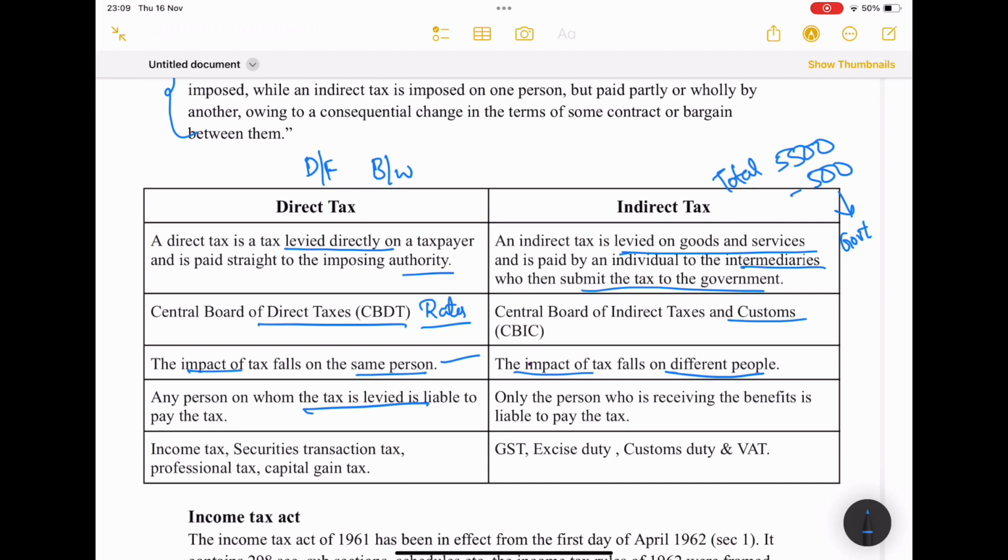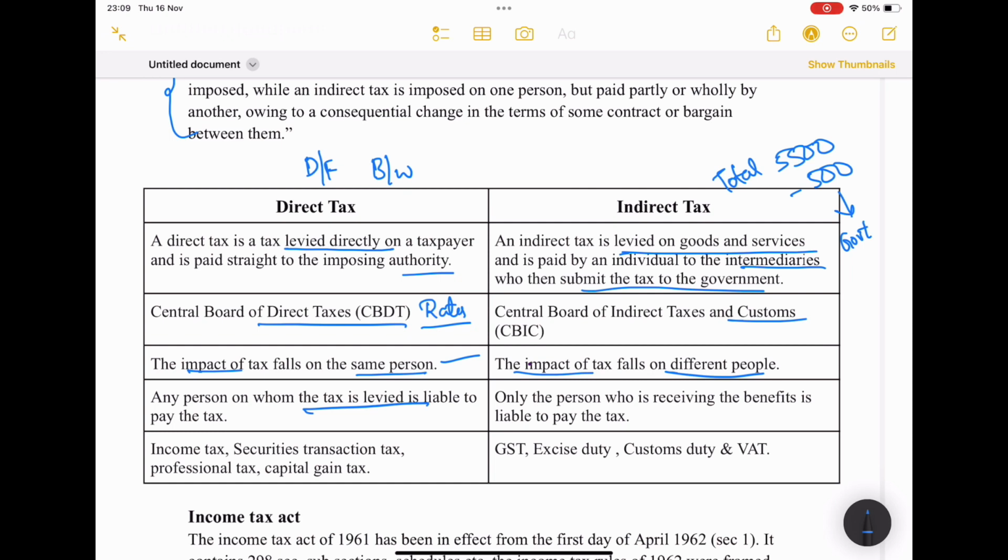For example, if you are earning more than 2,50,000 as your salary, you are liable to pay the taxes. If you are earning more than 5 lakhs, more than 6 lakhs per annum, definitely you are under income tax. So you are going to pay the taxes to the government by checking all the tax liabilities and deducting all the deductions. After that we are going to pay the taxes.